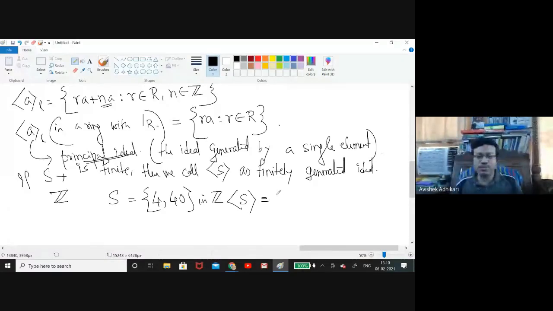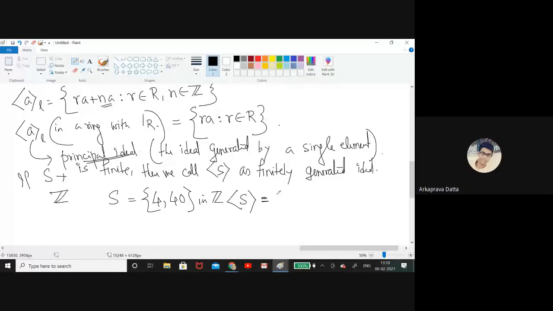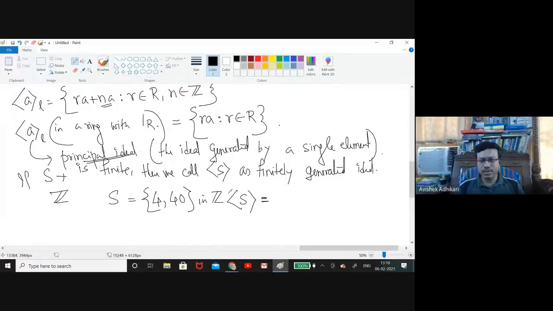Now it should be very easy for you. Suppose it. 4Z. That means the ideal generated by 4, right? Because just now we have seen that if the ring is with 1, it should look like RA. So here this A is 4 and this R comes from Z. As a result, it looks like 4Z.